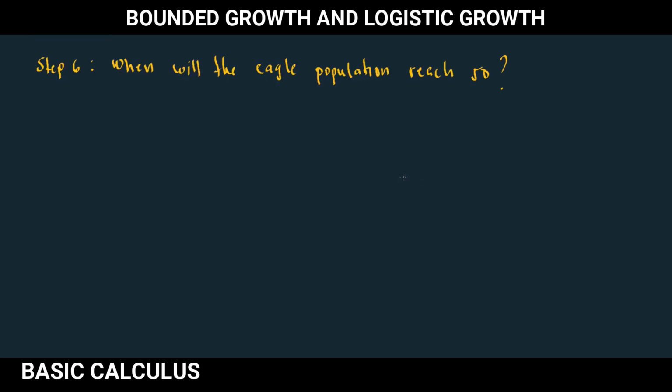Again, we are not solving for the number of eagles, but we are solving for t, or the time. To solve for the time, we use the particular solution of the logistic growth equation and solve for t.